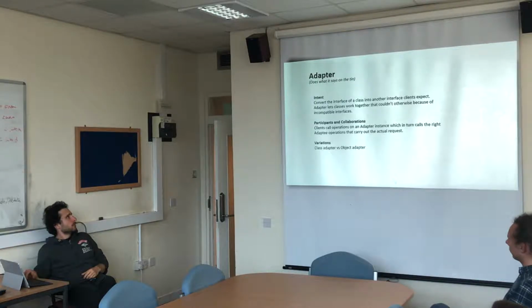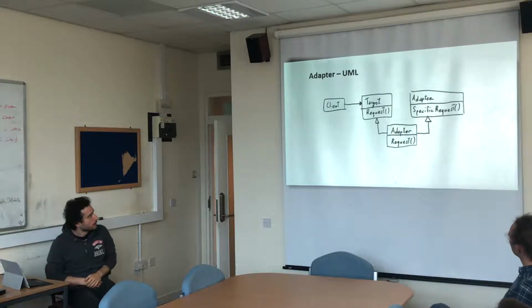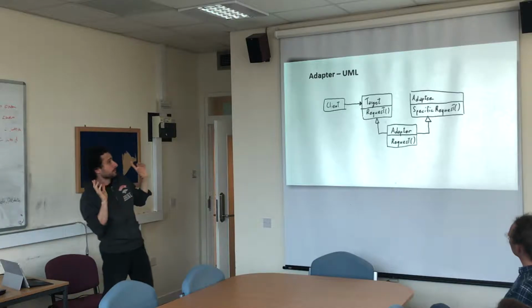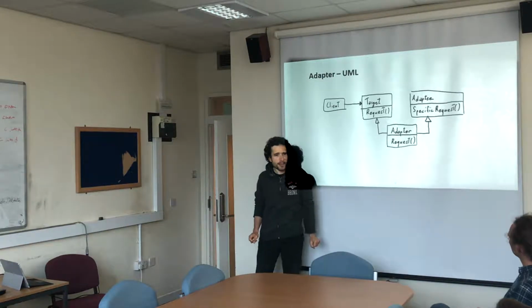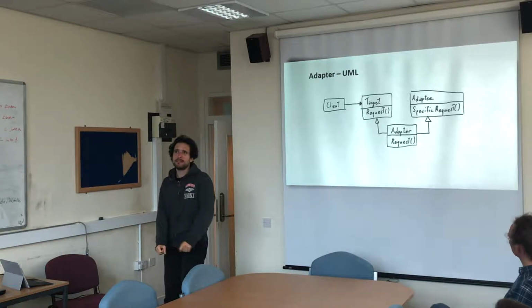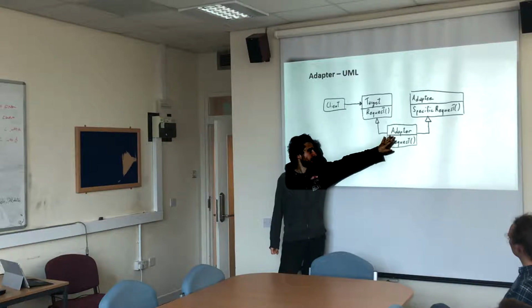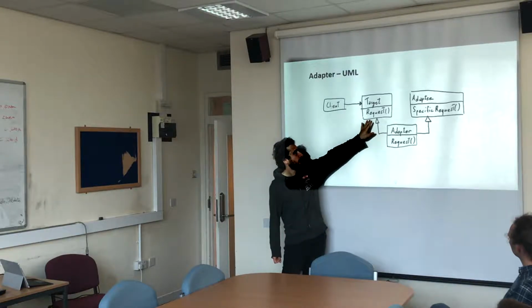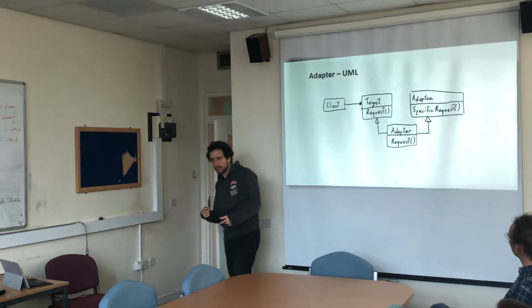Here is the UML diagram for the adapter pattern. Just a bit of notation. These empty arrows mean that this adapter is a kind of target, in the sense of inheritance.